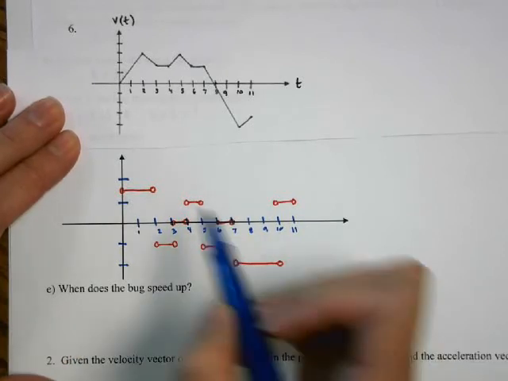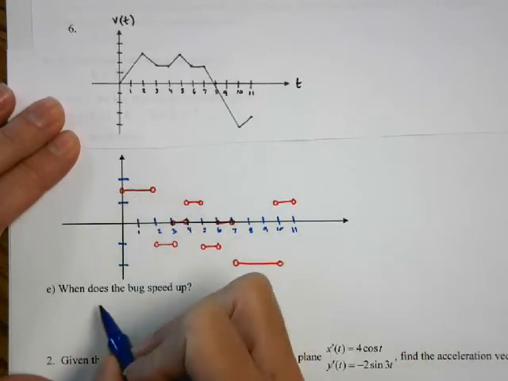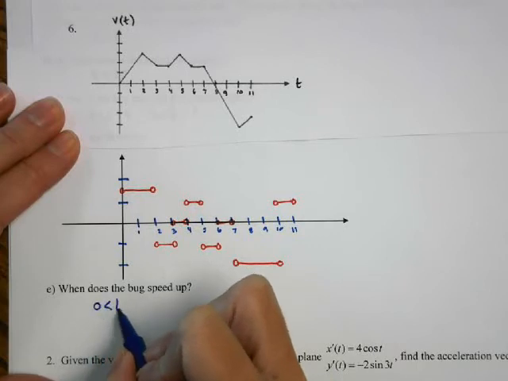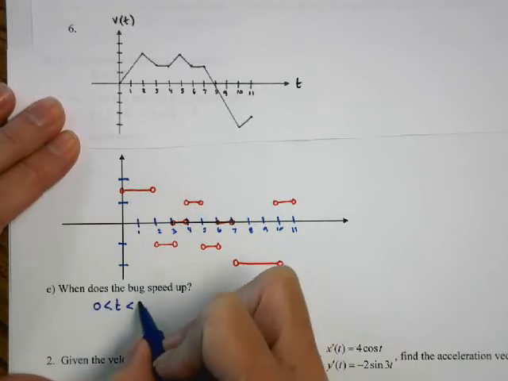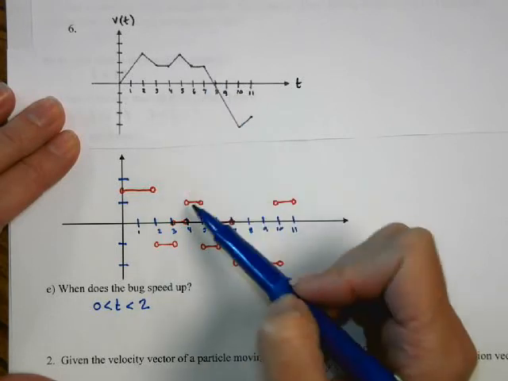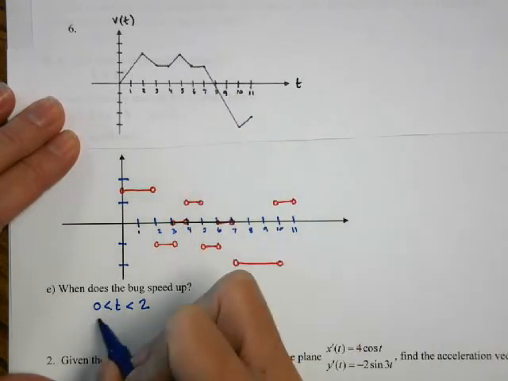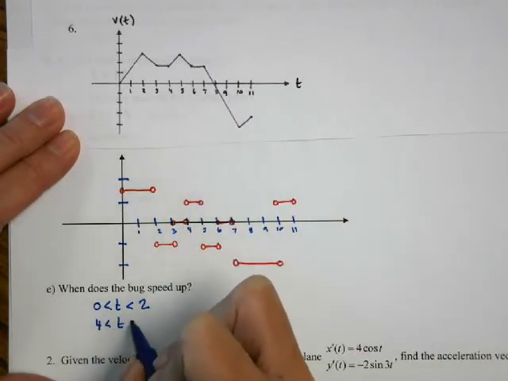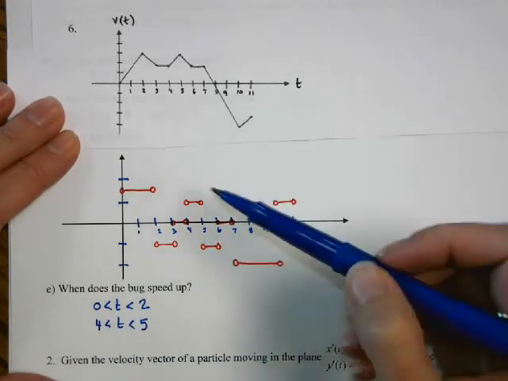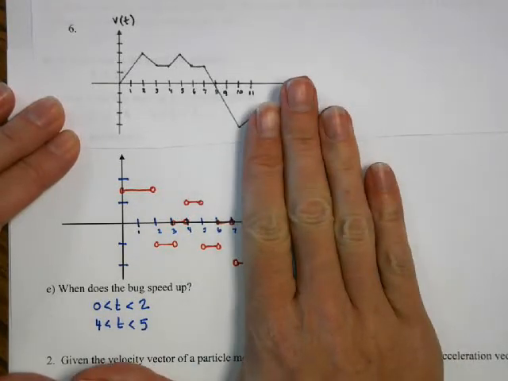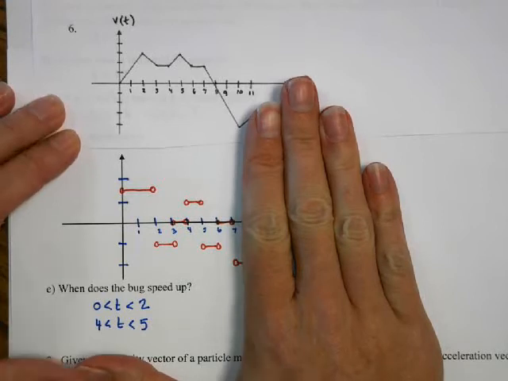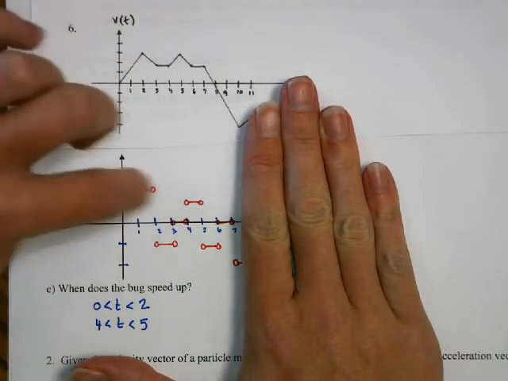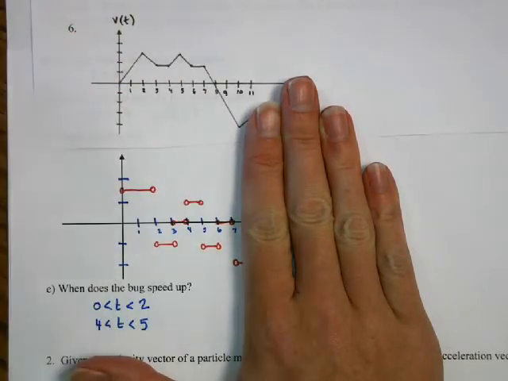So it's positive from 0 to 2. And it's positive from 4 to 5. Everything else, right now I'm just caring about less than 8. Those two are positive, anything else is not going to be the same.